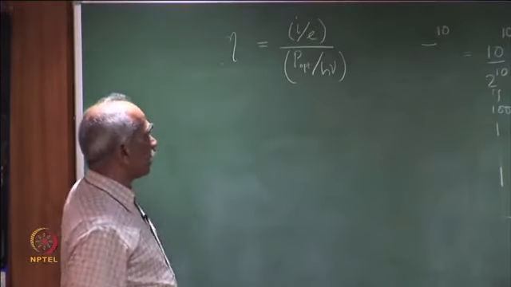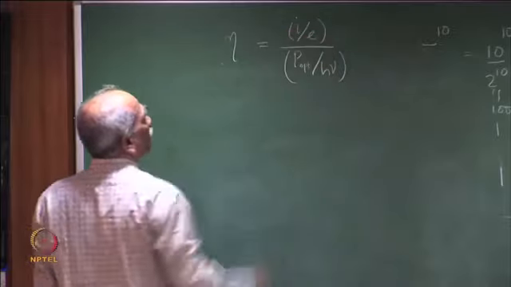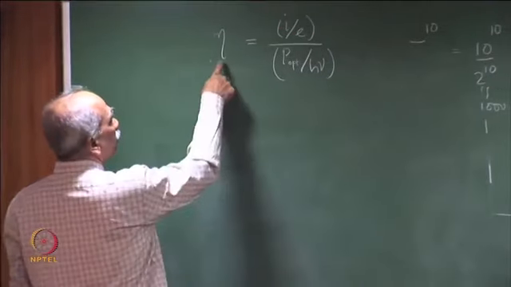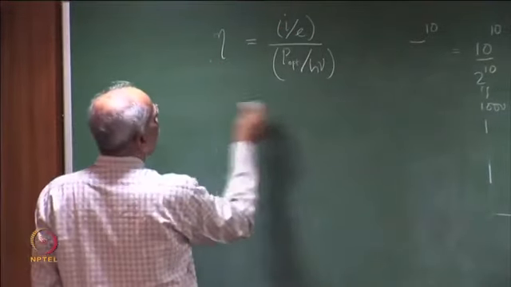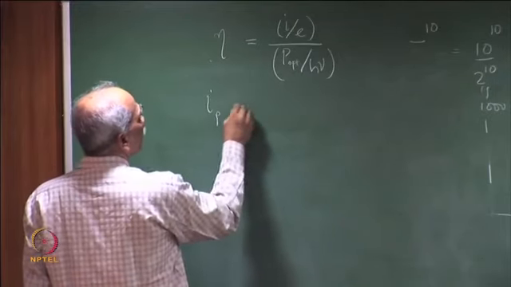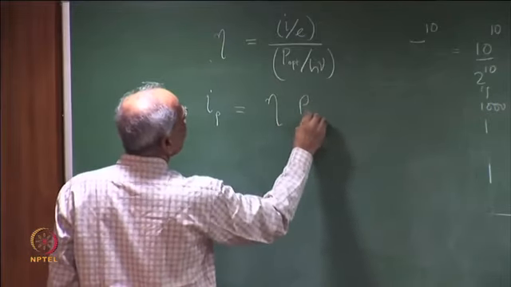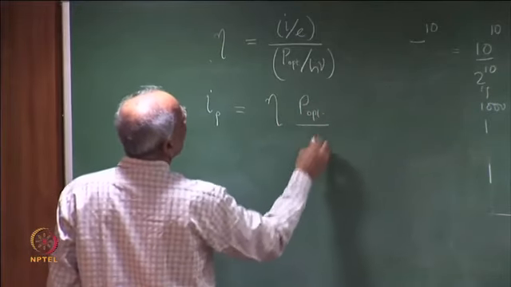Therefore, the primary photocurrent generated with this eta is I.